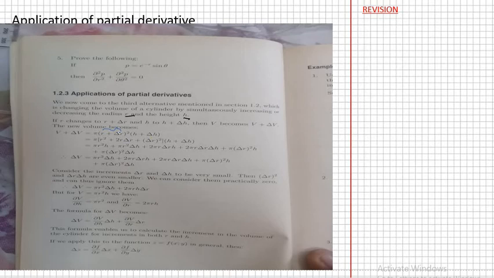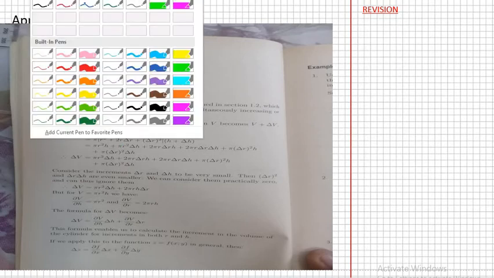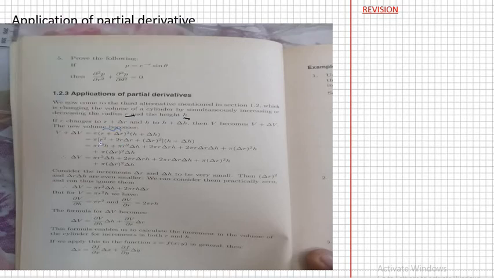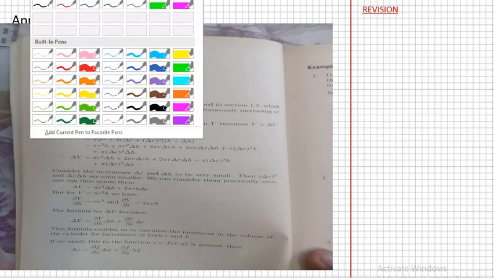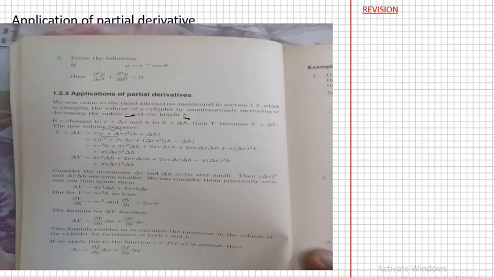Now let's expand this expression. You first expand this part, and then you multiply it by h plus the change in height, and you are going to get this long expression here.